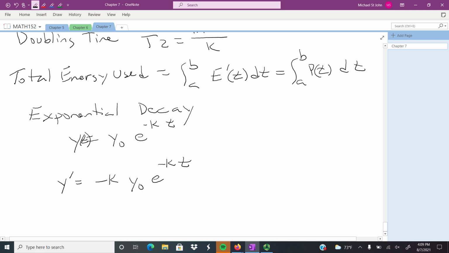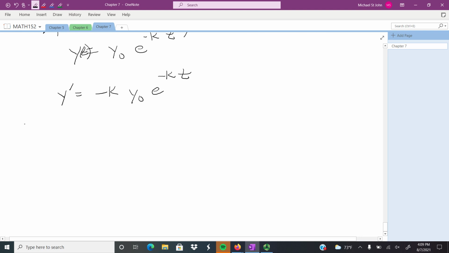So y naught is your initial amount, y of t is your amount at time t. Right? And so then the half-life is going to be t1/2 equals the natural log of 2 divided by k. Right.